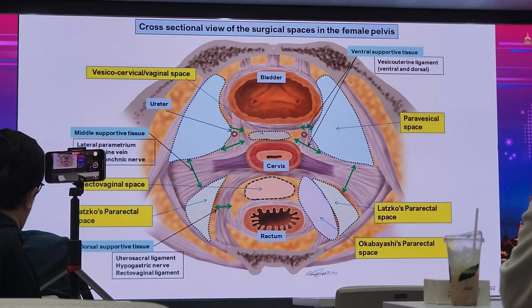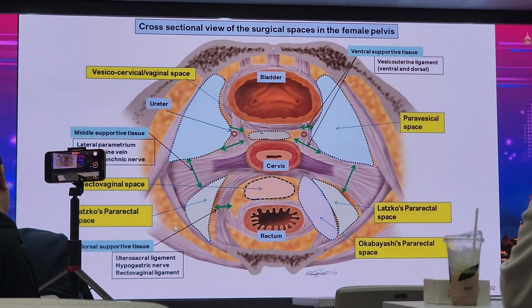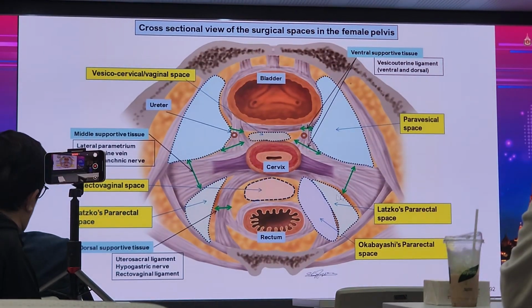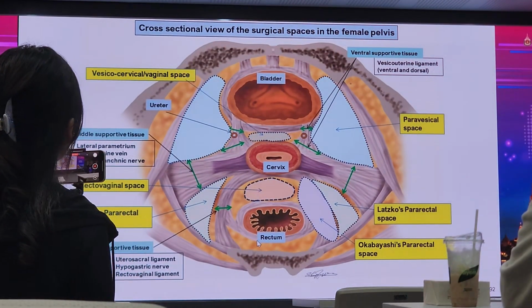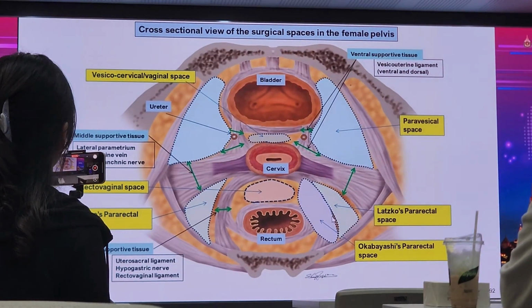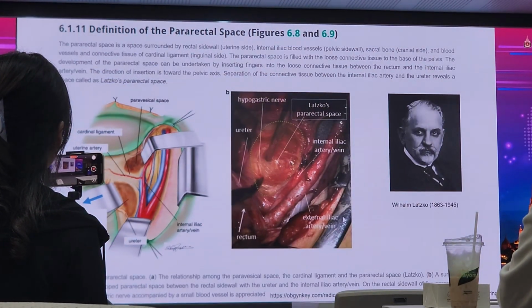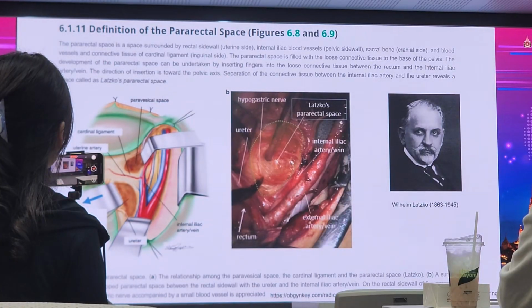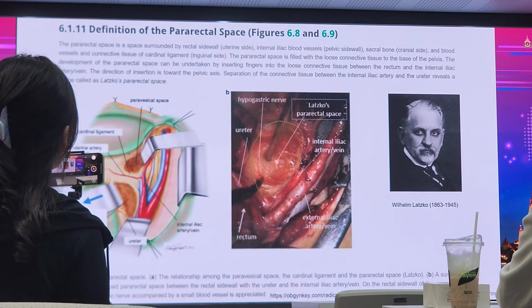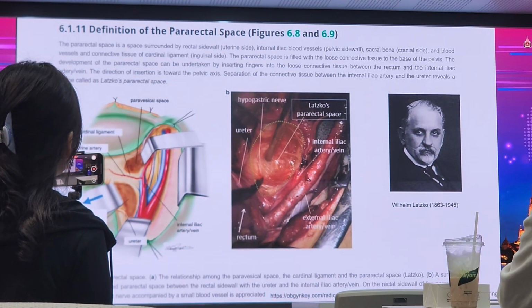This is the Latzko pararectal space, which is the large one like I pointed out before. But actually, if you can identify the hypogastric nerve and push it laterally, you can identify Okabayashi's pararectal space, which is medial to Latzko's pararectal space. This is Wilhelm Latzko. He's an Austrian gynecologist who died in New York in 1945.